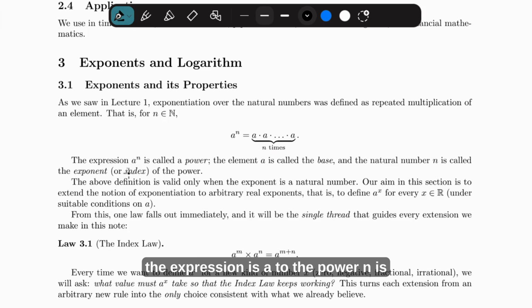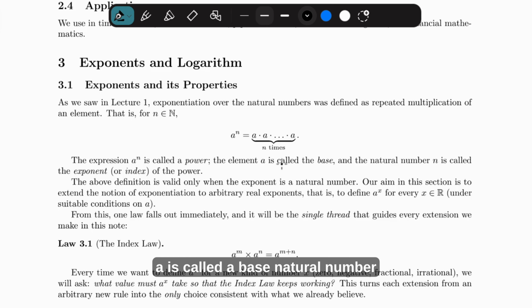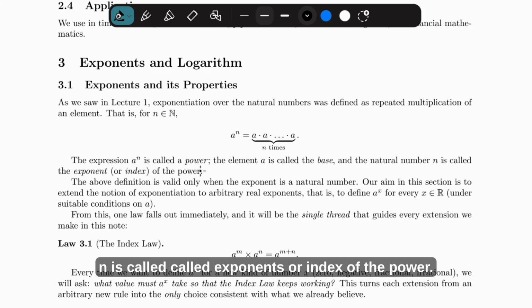The expression a to the power n is called a power, and the element a is called the base. The natural number n is called the exponent or index of the power.